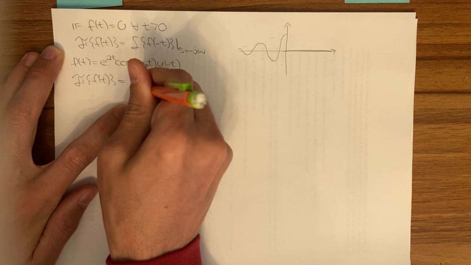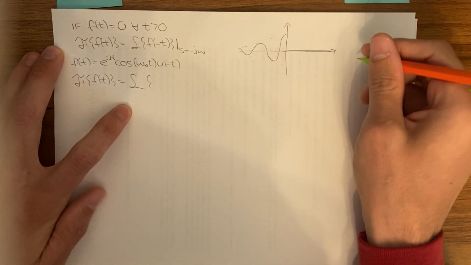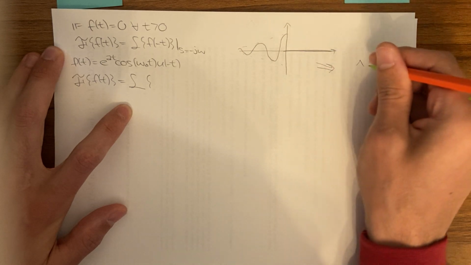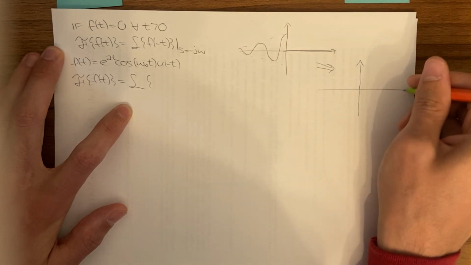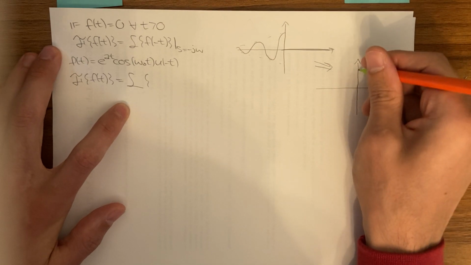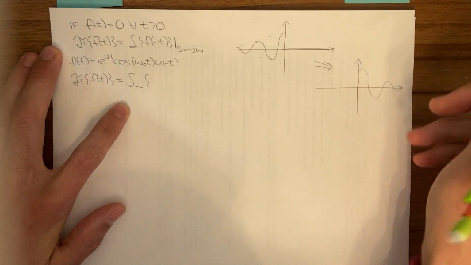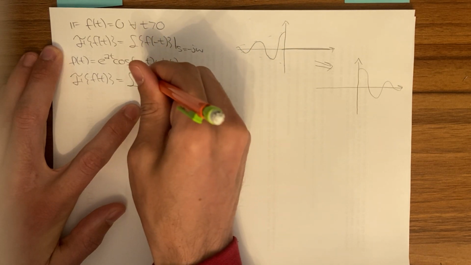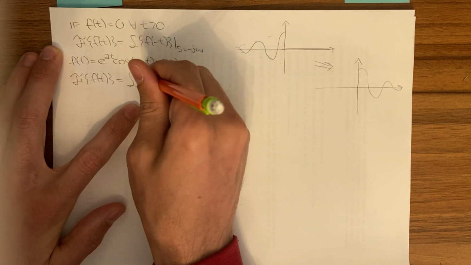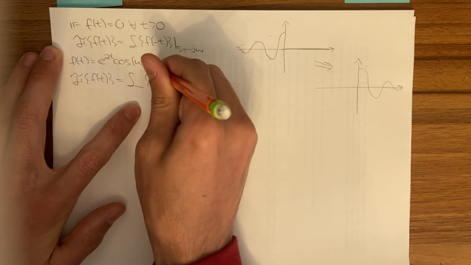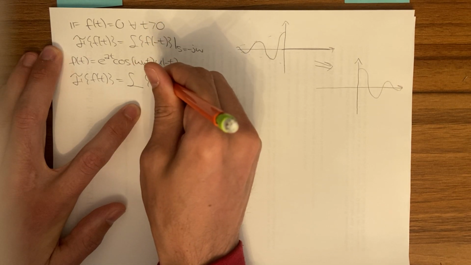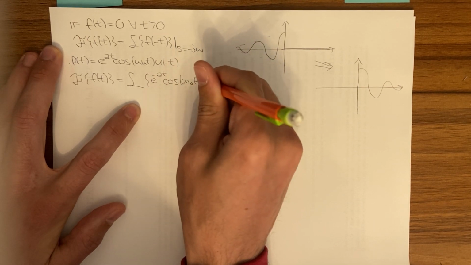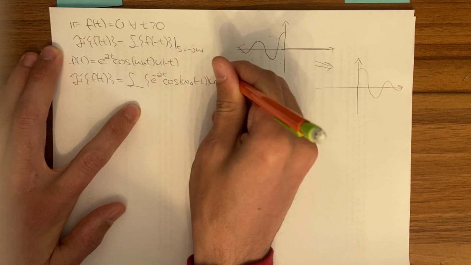we want to take the Laplace transform of this thing after we flip it around the y-axis, okay? So we just replace all the t's with negative t, so e to the minus at cosine of omega naught times minus t, u of t.